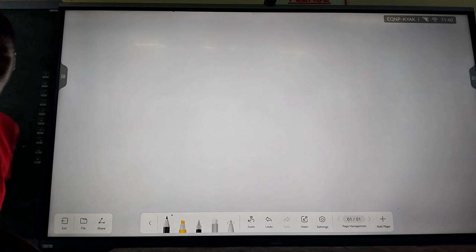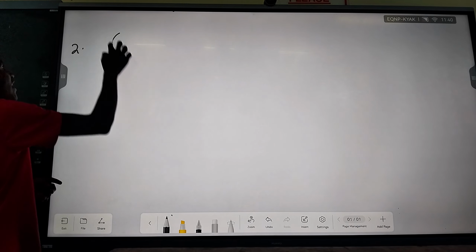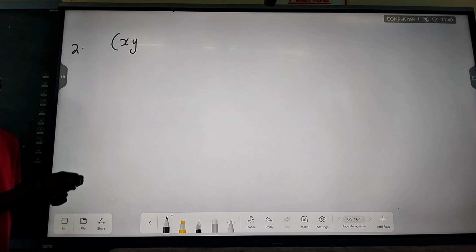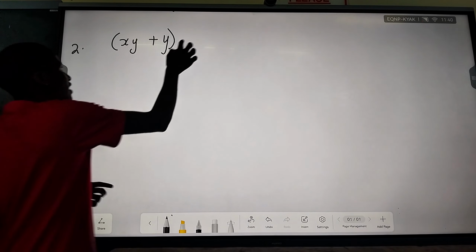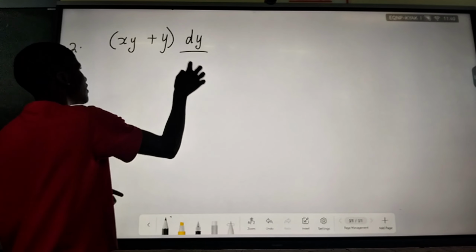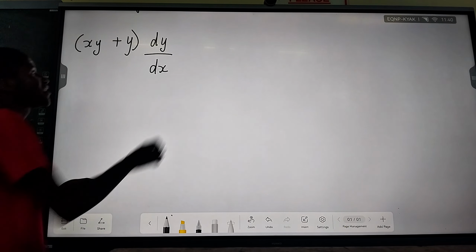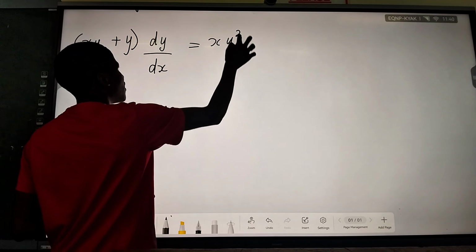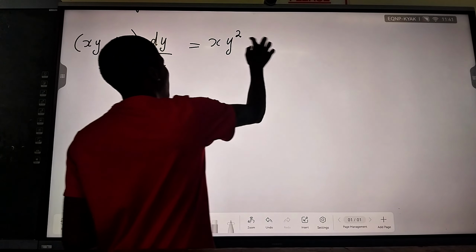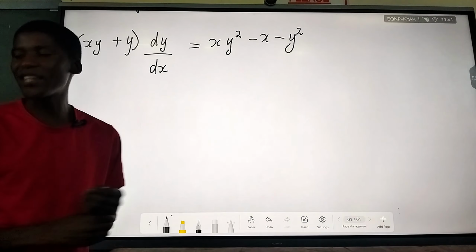So our example 2 is saying: (xy plus y) dy/dx is equal to xy squared minus x minus y squared plus 1.